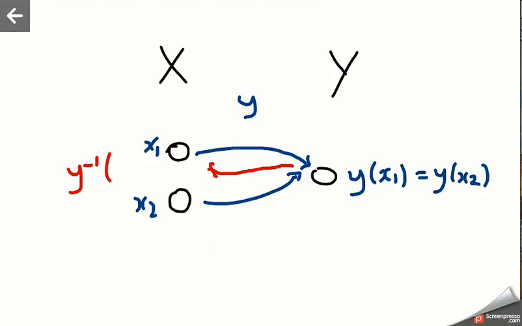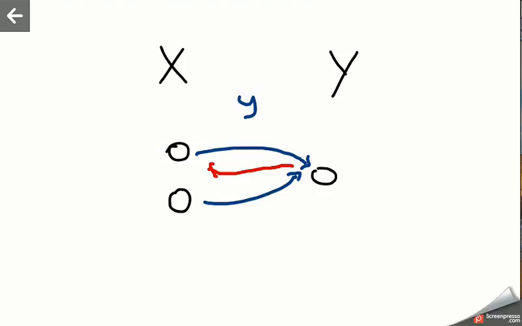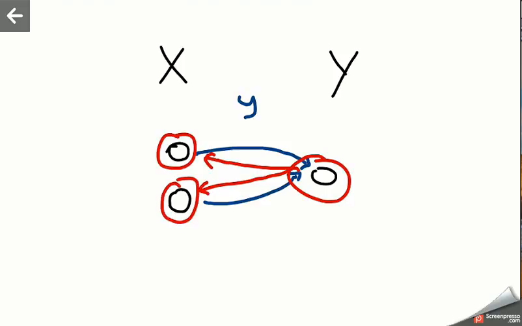What is y inverse of this thing supposed to be? Where does it go? Well, actually it would have to go to both of them if we were going to directly invert this. But if it did go to both of these points, it would no longer be a function because then we would be taking this one input and sending it to two outputs.